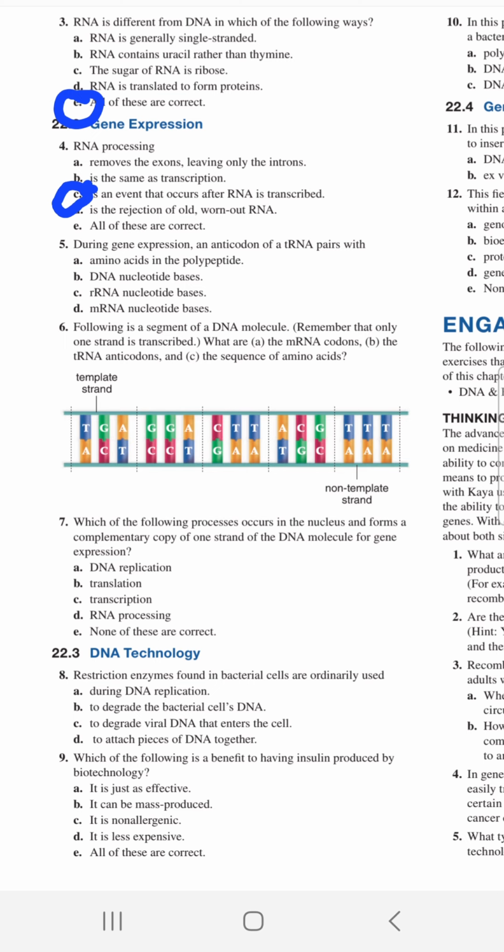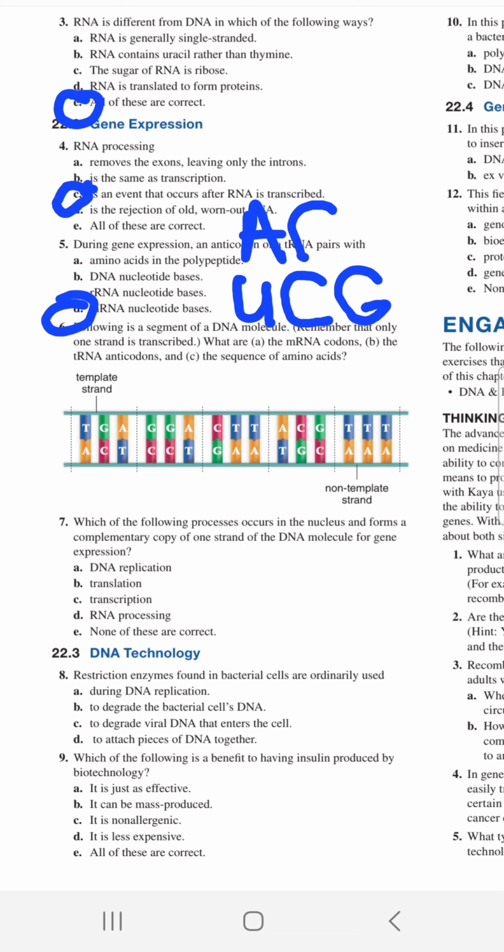So is it DNA nucleotide bases? No. RNA nucleotide bases? No. mRNA nucleotide bases. For example, if I have UCG in the mRNA, the anticodon for it will be AGC.